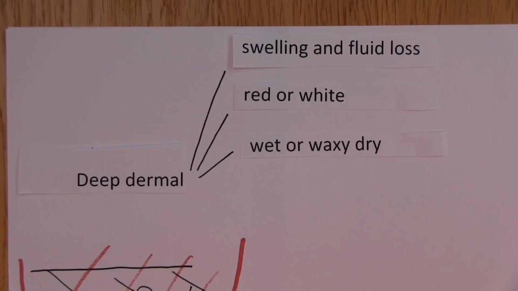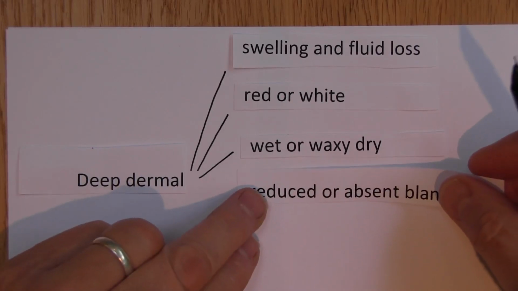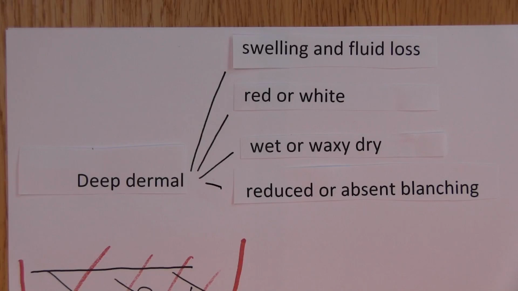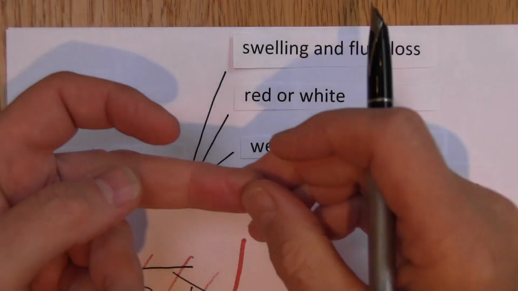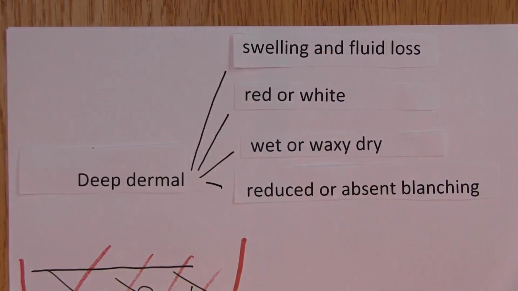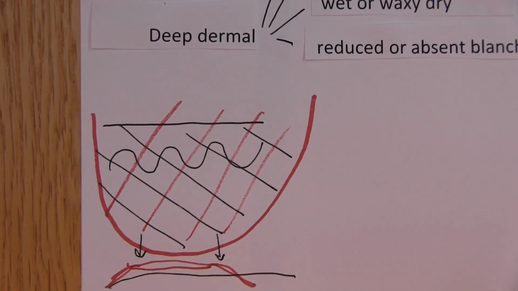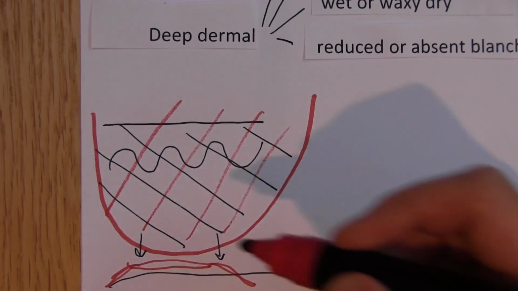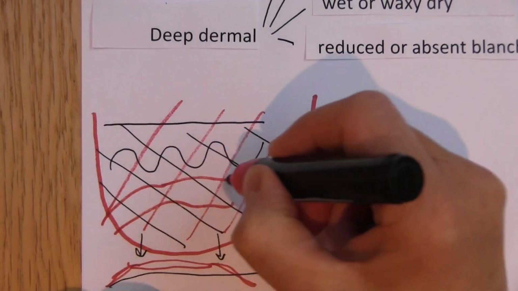And given that a lot of the blood vessels have been damaged, we're going to get reduced or absent blanching. So the blanching effect is going to be reduced. And the reason for that is the blood vessels here, which would have blanched normally, blood vessels that should be here, of course, are just burnt away.